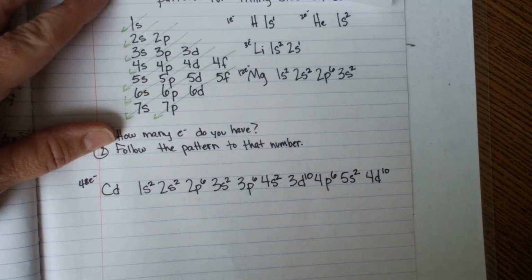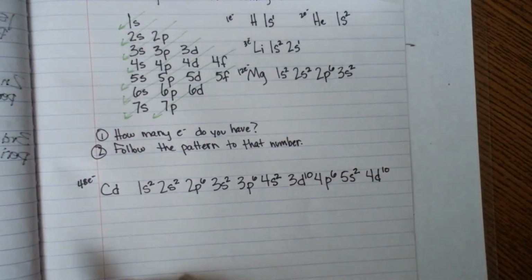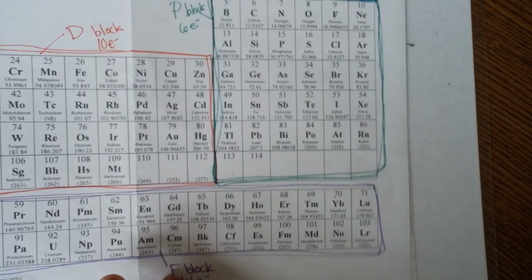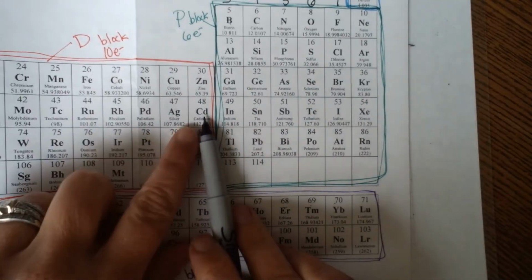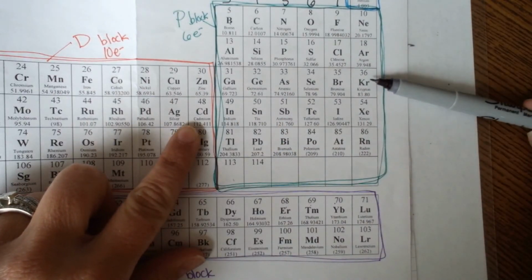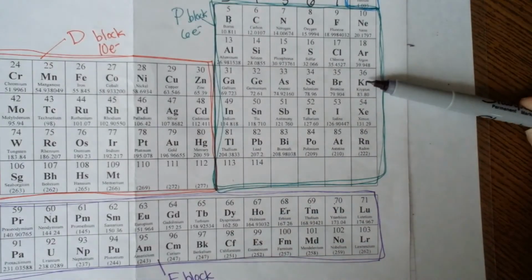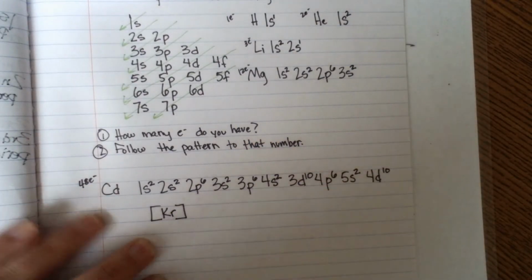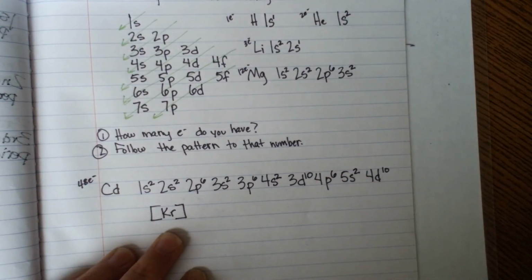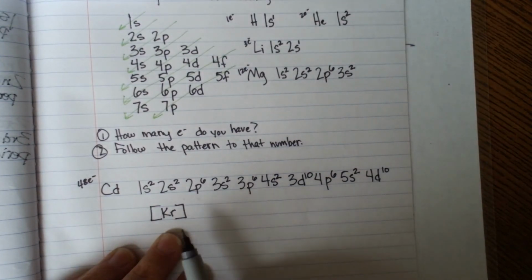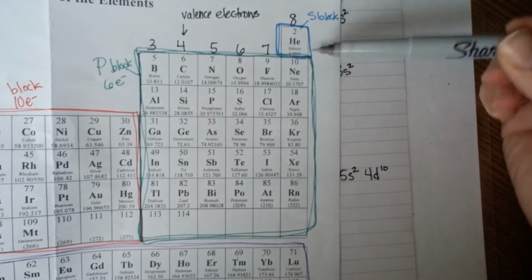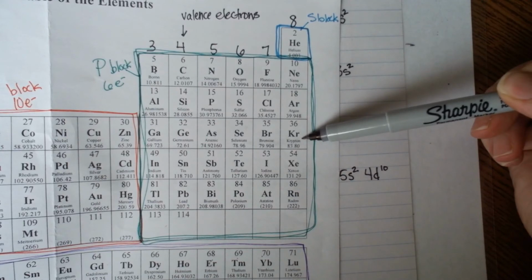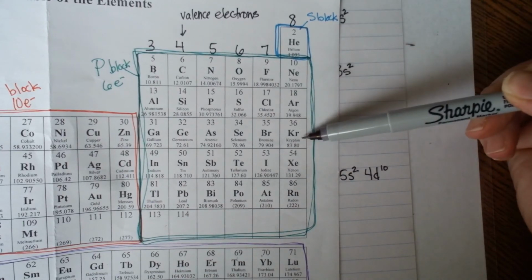Okay. Big, long dude. I don't want to write that much. You probably don't either. So here's the trick that we can do. When we look at cadmium right here, number 48, we can go back to the noble gas which is before cadmium, which is krypton, 36. We can kind of steal its pattern. What we do is we put krypton in a bracket, and we're going to use everything krypton's got, and then if we look at krypton, it ends at 4p.